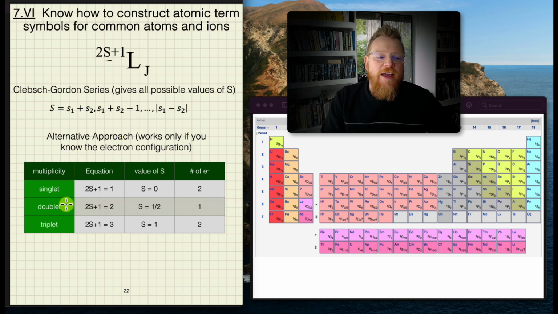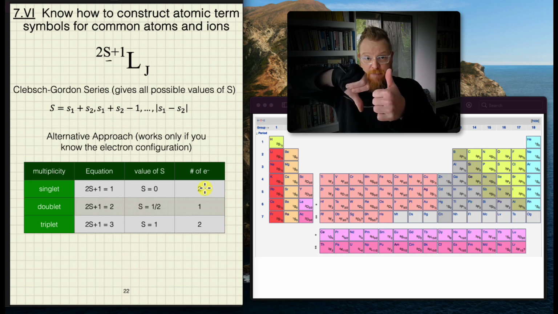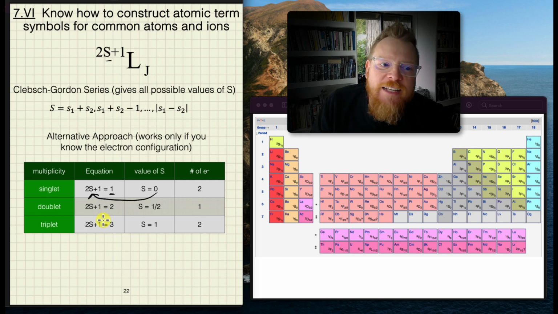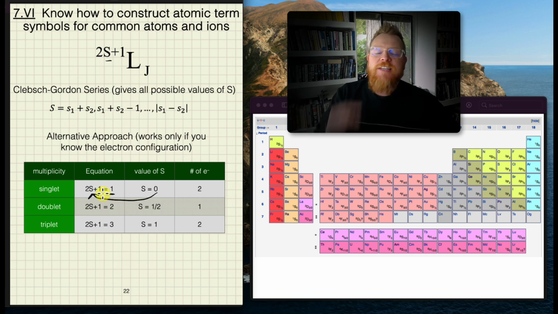So now if we consider the case of, let's say, a singlet system, 2 electrons being spin paired. Well, one value of S is +1/2, the other value of S is -1/2 because they're paired. So that total value of S is 0. And now if I take 0 and plug it into this equation, 2 times 0 plus 1 gives me 1. Well, if I knew that it was a singlet state in the first place, I could have just said 1.